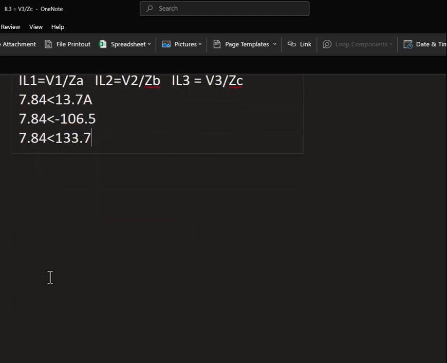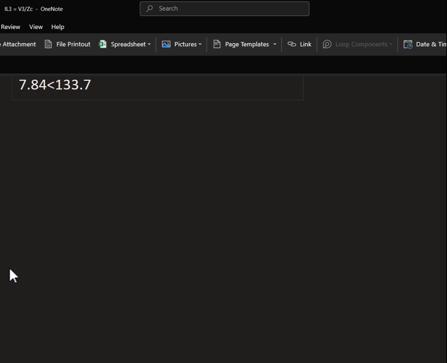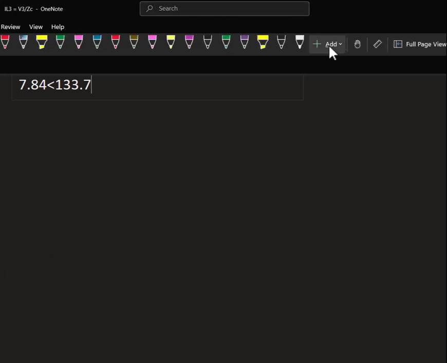Okay, so now we're going to do a harder one. So I'm going to give you a circuit. Okay, so those are my voltage sources.